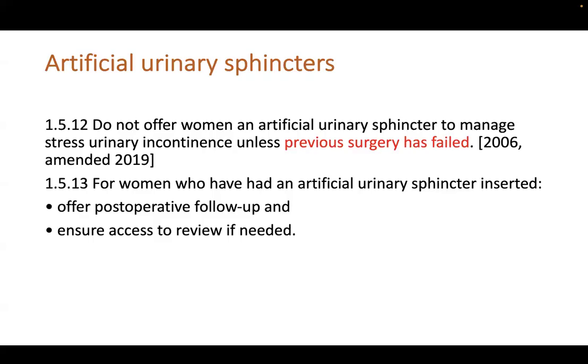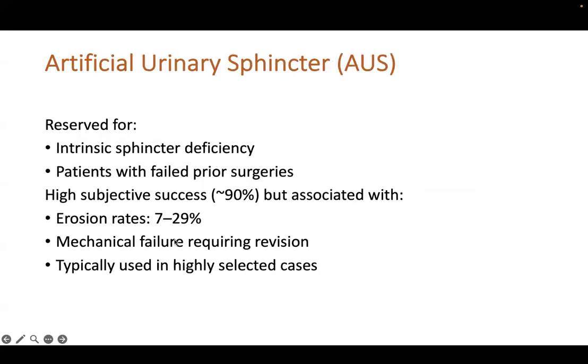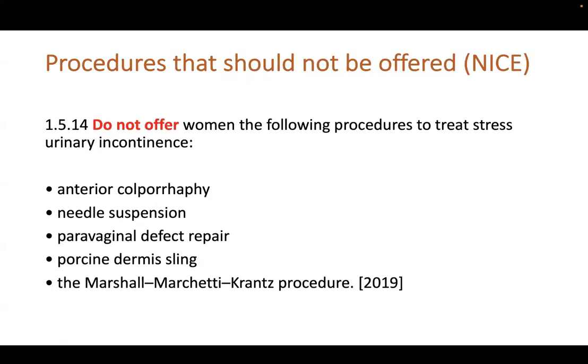So this patient requires postoperative follow-up and ensure access to review if needed. We already told artificial sphincter, why we will use it in case of intrinsic sphincter deficiency and patients with failed prior surgery. Success rate is 90%, but there are chances of erosion and mechanical failure. So it will be only used in highly selected cases.